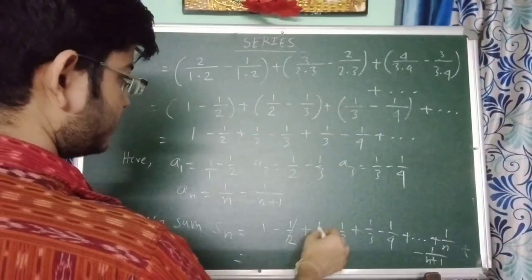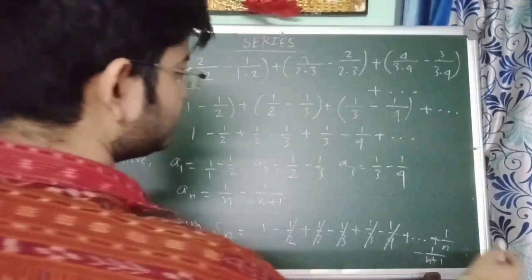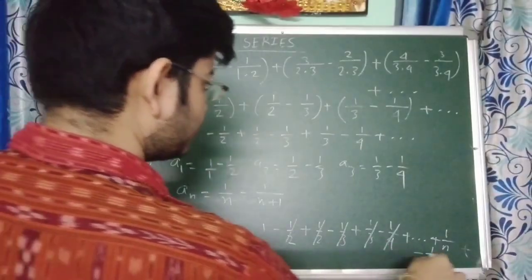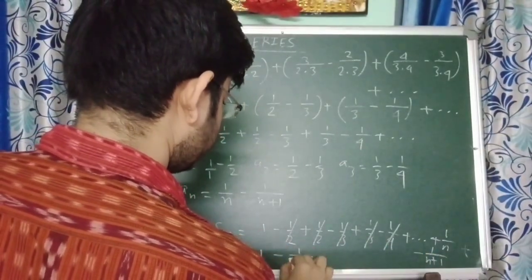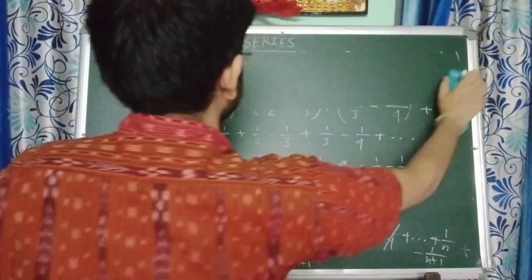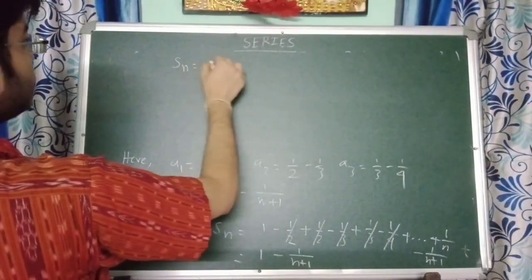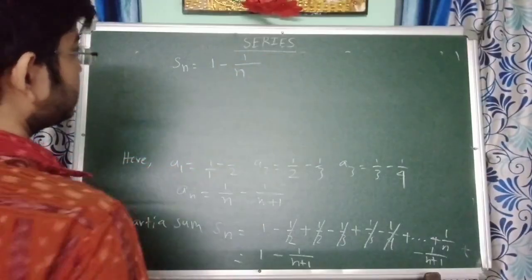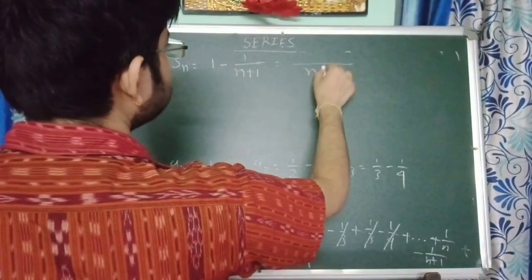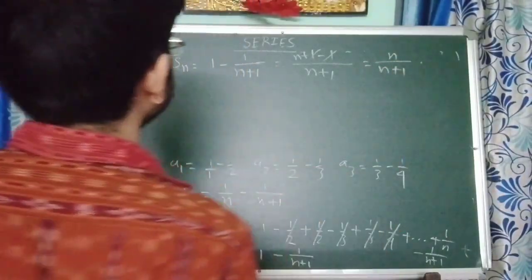Cancelling minus 1 by 2 plus 1 by 2, minus 1 by 3 plus 1 by 3, and so on, the remaining part is 1 and the last quantity minus 1 divided by n plus 1. So Sn equals 1 minus 1 by n plus 1. If we solve this, we have n divided by n plus 1.